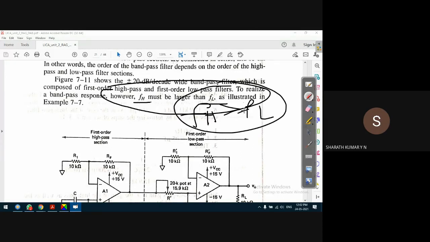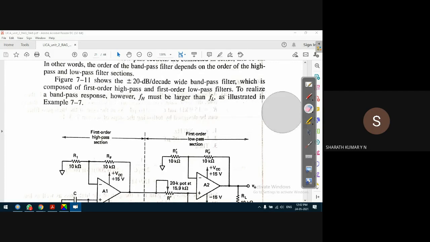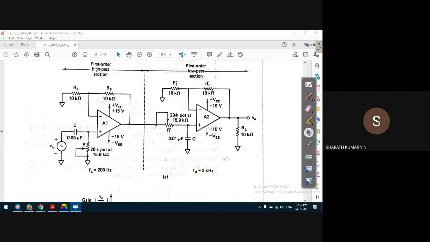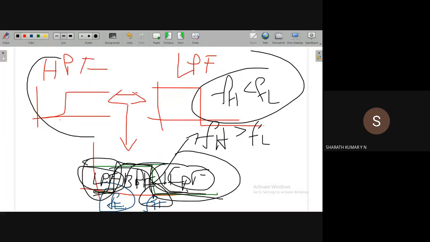That is a band pass filter. One stage is the first order high pass filter section, and next is the first order low pass filter section, just like what we have written here. First comes the high pass filter section, then the low pass.